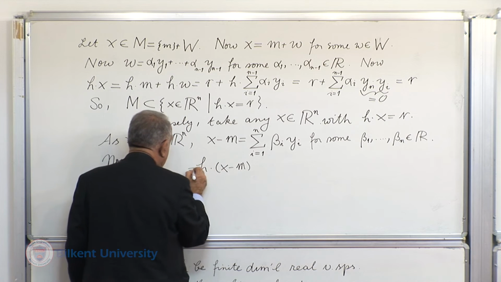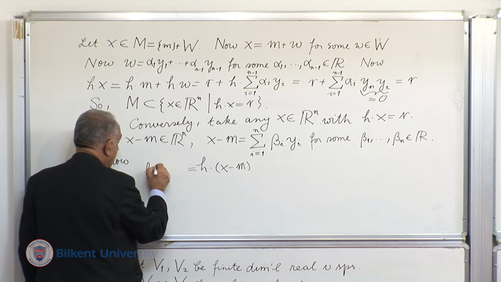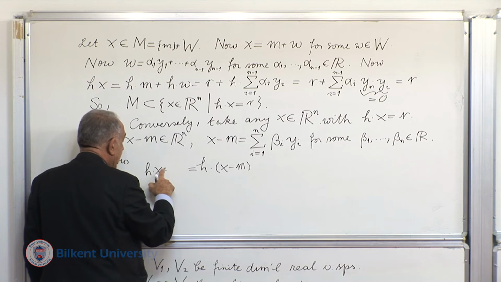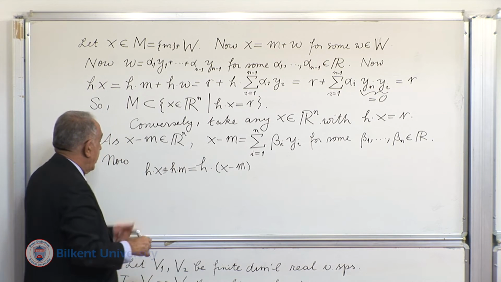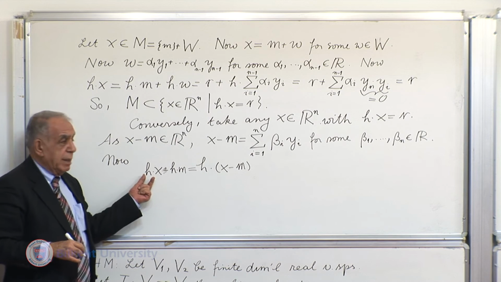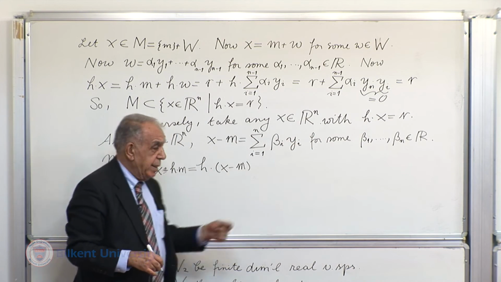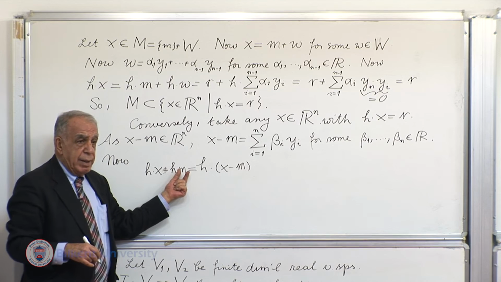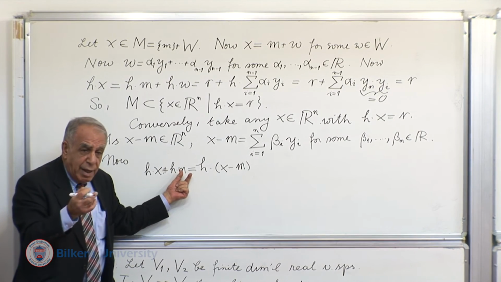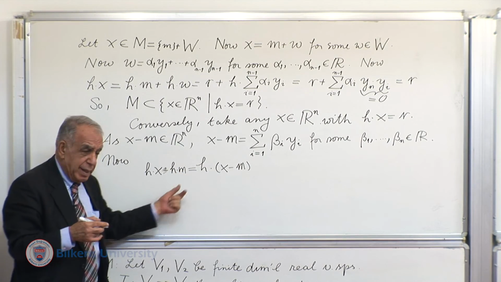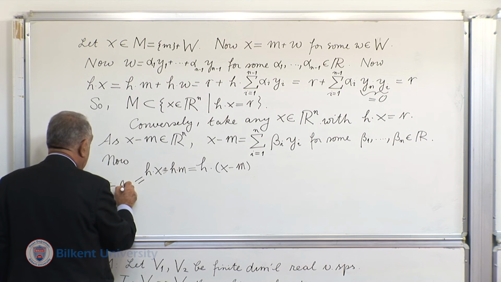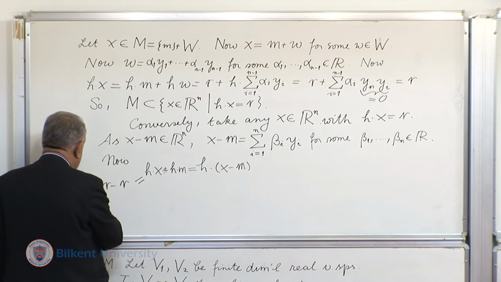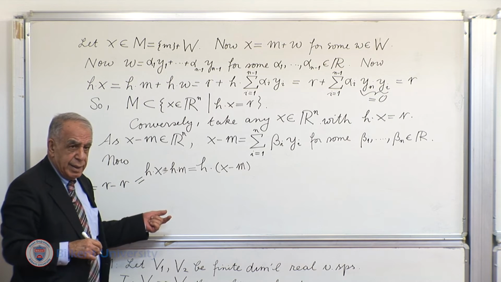On the one hand, this will be h dot x minus h dot m. What's h dot x? Well, that's r. What's h dot m? Well, that we took as the definition of r. That's r as well. So this is equal to r minus r, and thus 0 on the one hand.